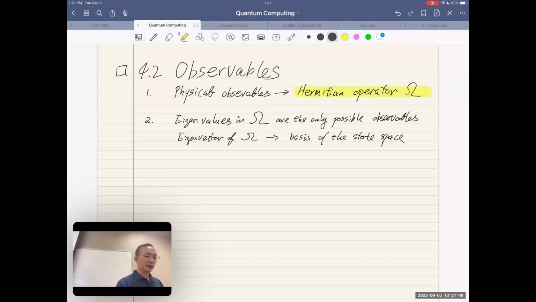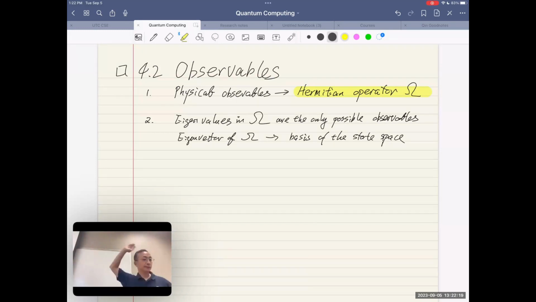So according to the book, there are two very important principles. We just take them as they are. For a quantum state, the physical observable, which I understand is basically what we can see, is represented by a Hermitian operator, basically a Hermitian matrix.